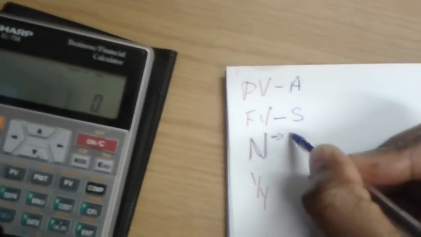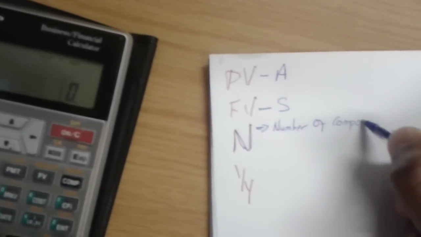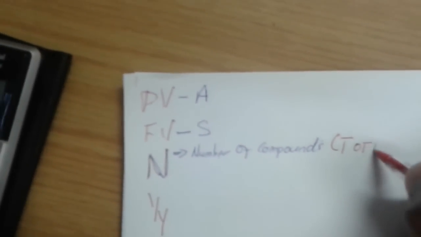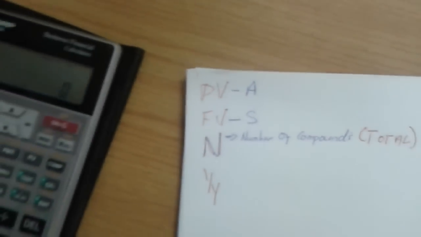Now there is a problem. This is the problem. So this one, it is the number of compounds. Number of compounds. And remember, we are talking of total compounds. Total compounds, right?